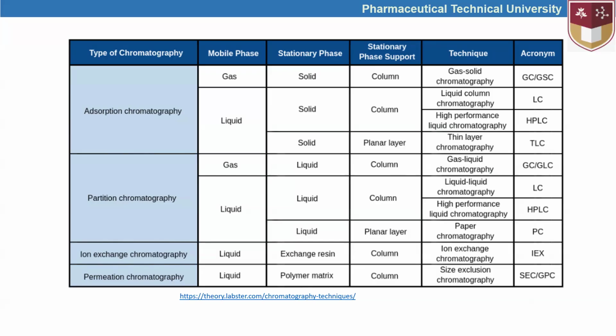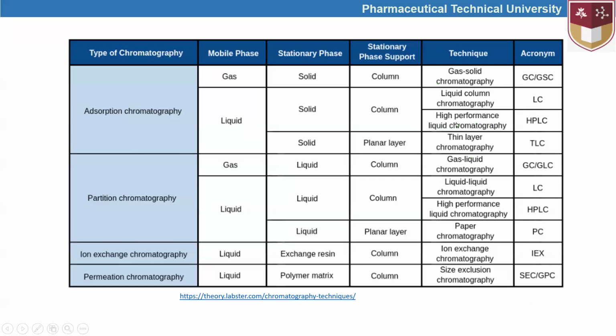The technique that uses a gas mobile phase and a solid stationary phase is termed gas-solid chromatography, and the one between liquid and solid is termed liquid column chromatography, or high-performance liquid chromatography.